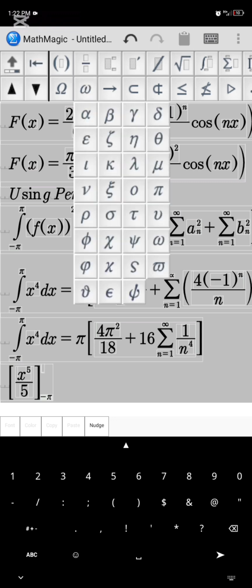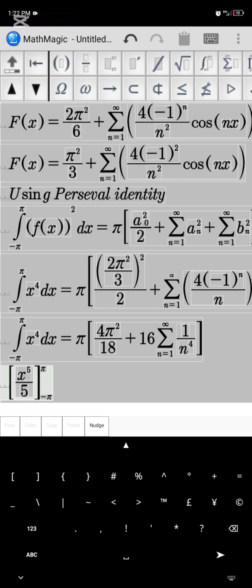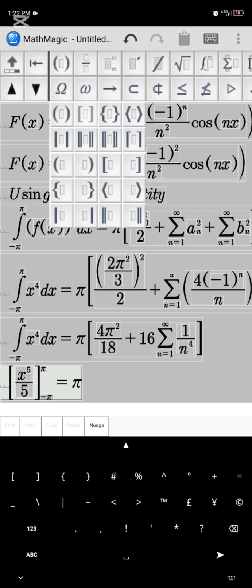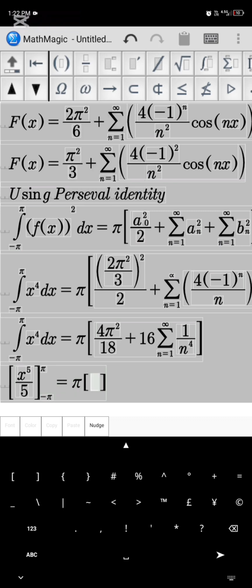Is equal to pi multiplied by, if you simplify that, 4 pi squared over 18, so that's just going to give us 2 pi raised to the power of 5. I mean, it's going to give us 2 pi squared over 9.